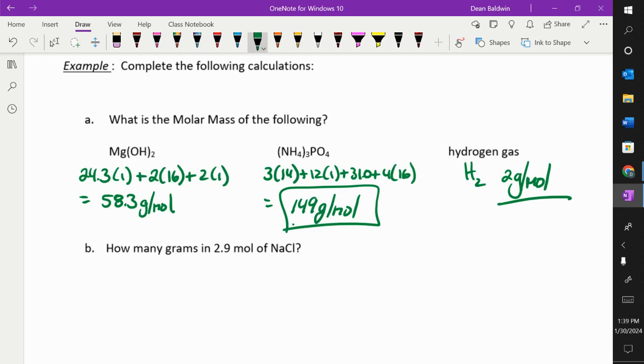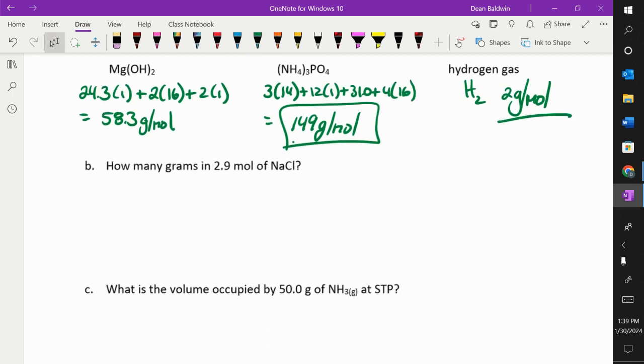All right. So how many grams are there in 2.9 moles of sodium chloride? This is beginning to get into stoichiometry, not quite. But the way I do these, I think every teacher does it differently. I write down what I have, 2.9 moles of NaCl. And then I want to cancel moles, so you need the molar mass. What's the molar mass of sodium chloride?